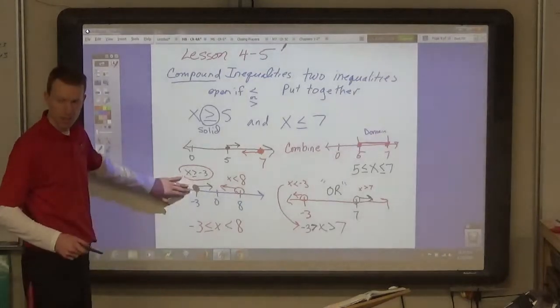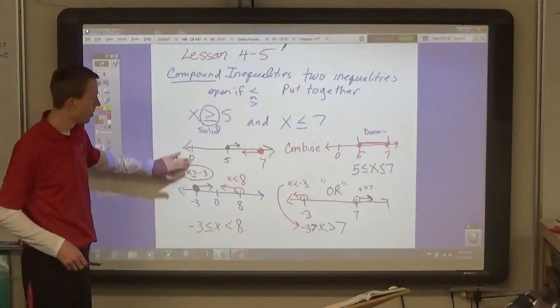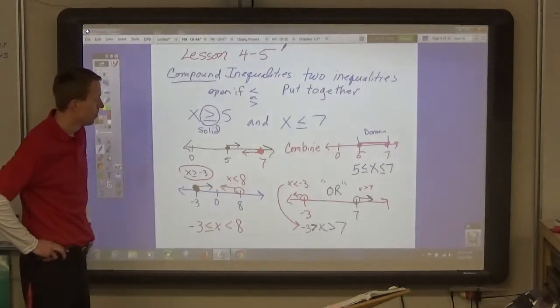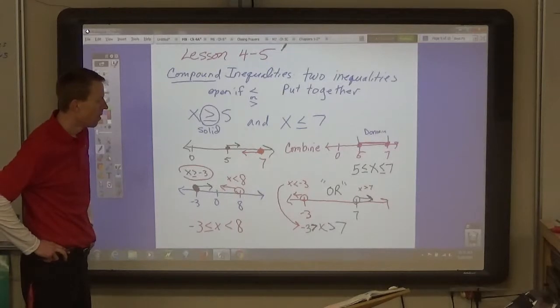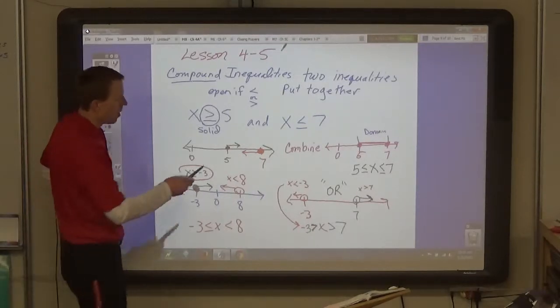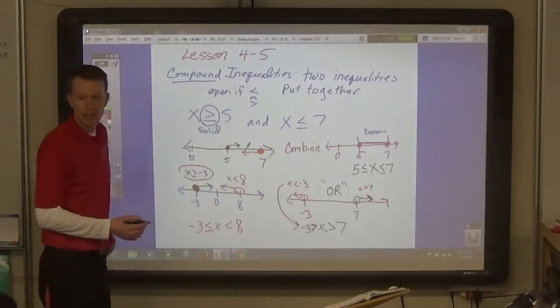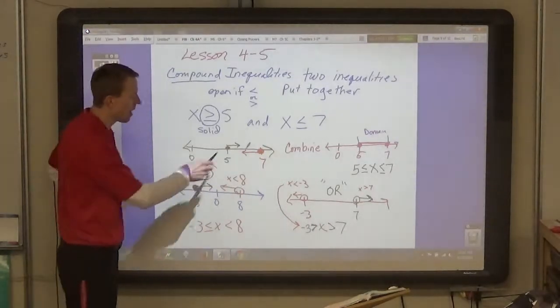Question on this one, Dylan? No, the one above it actually. This one? The first one? For 5 it's above the line, and for 7 it's below the line. Are you supposed to put it above or below the line? No, I did that just so that you could see the arrow better. It doesn't matter.